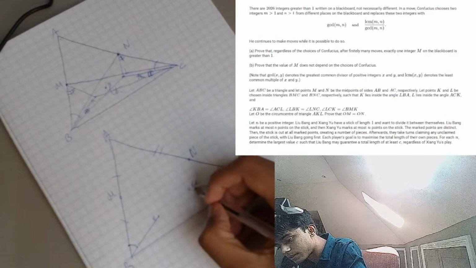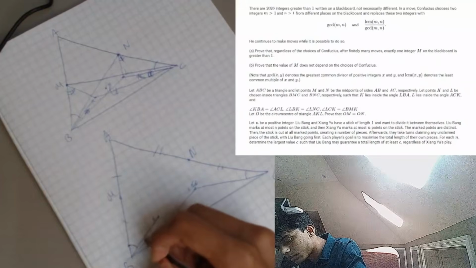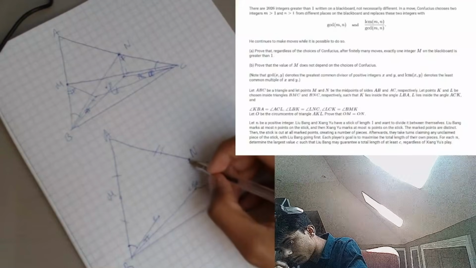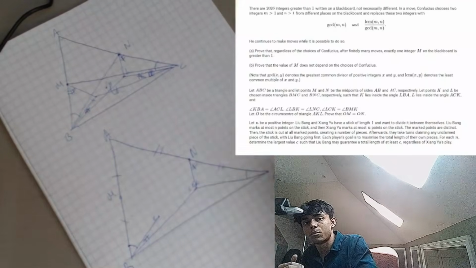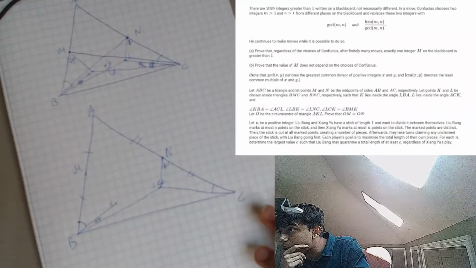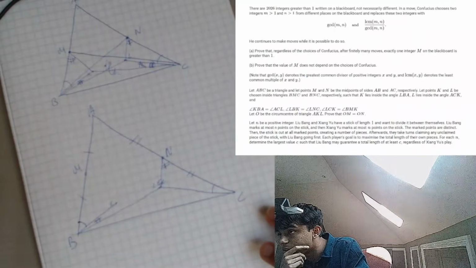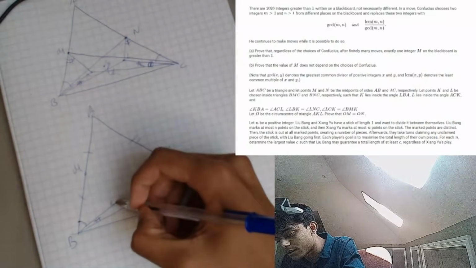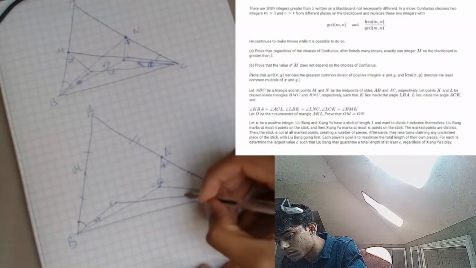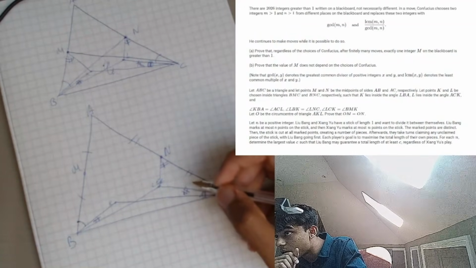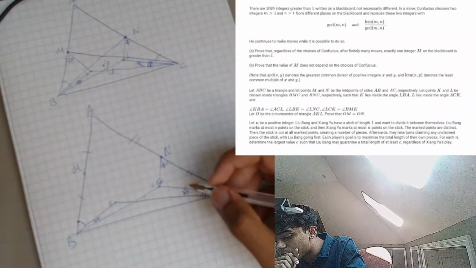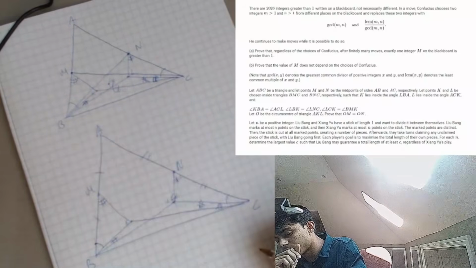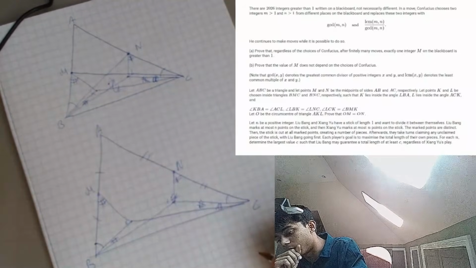LBK equals LNC. Doesn't look true on my diagram, but yeah. And LCK equals BMK. Okay, wow.